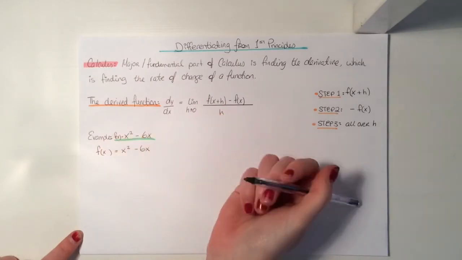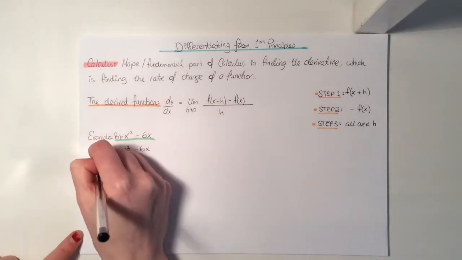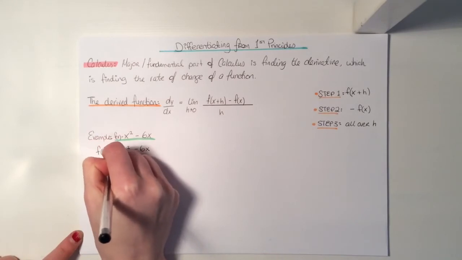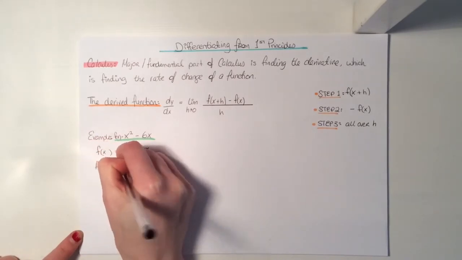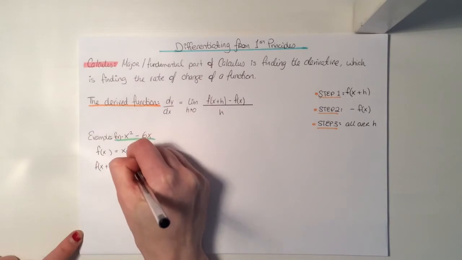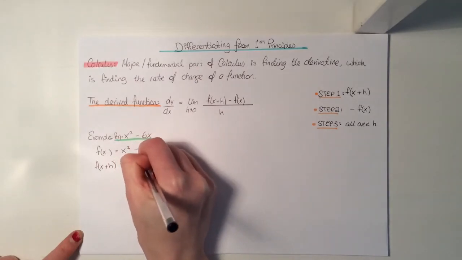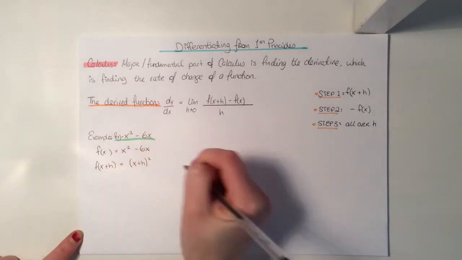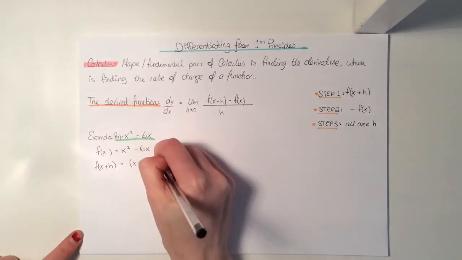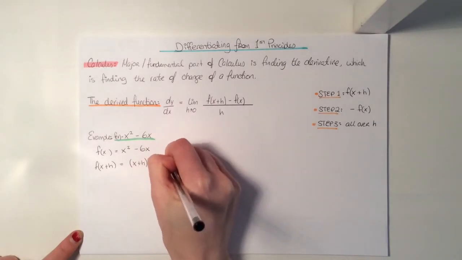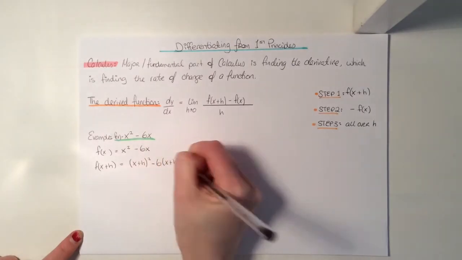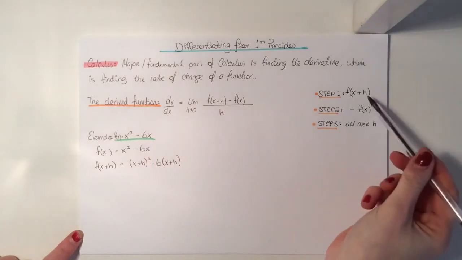That was given in the question. Now apply our f of x plus h. Use brackets: x plus h squared minus 6, again brackets, x plus h. That's the first step.